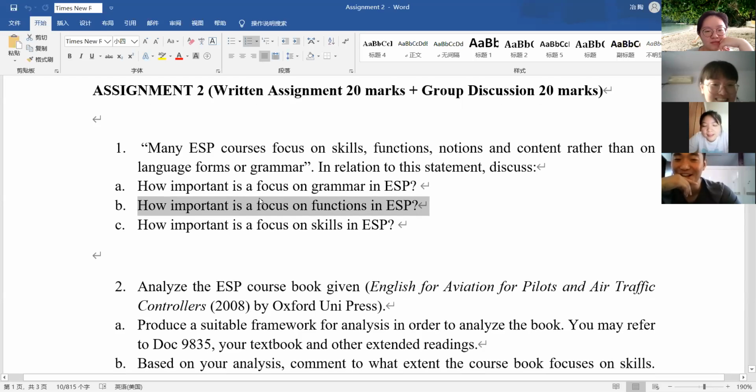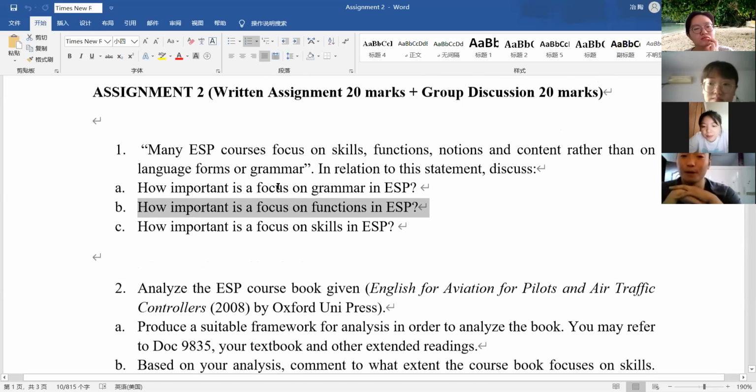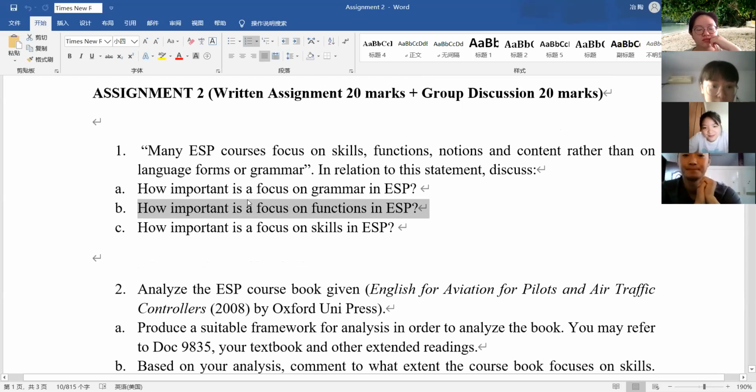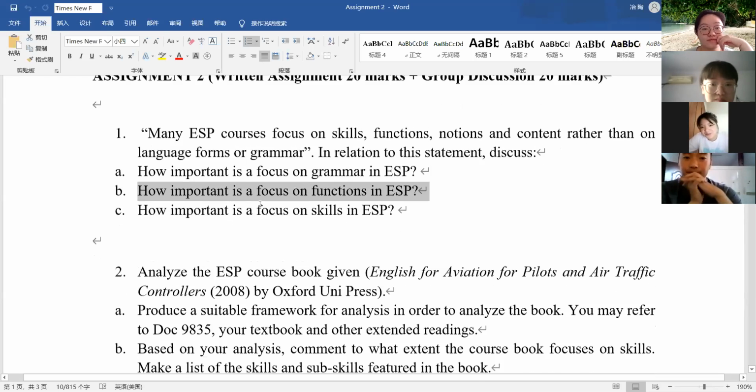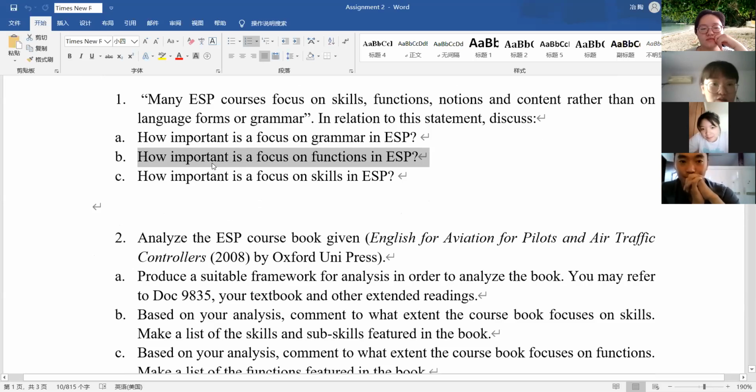But I think this is an open question. Yes, it's an open-ended question. That's our point of view. So what about question 3?